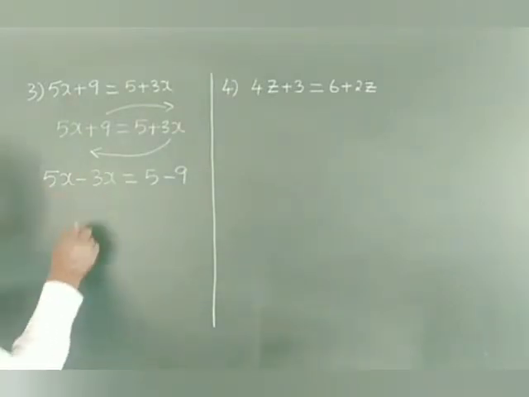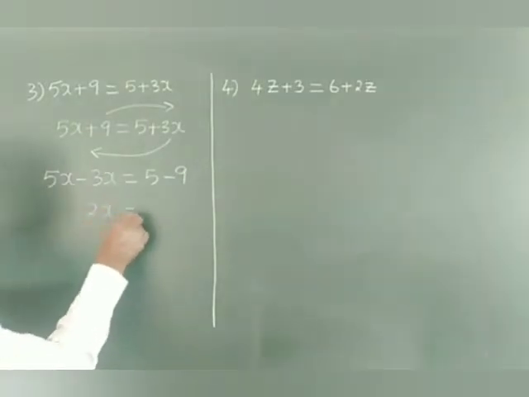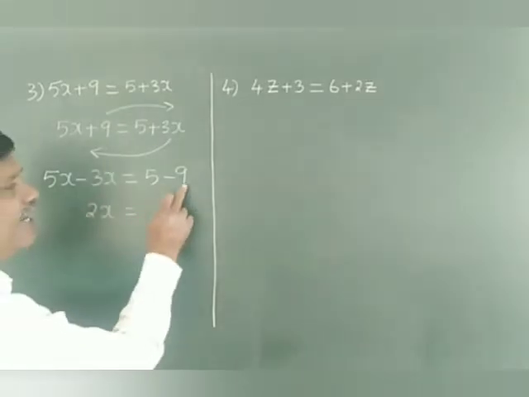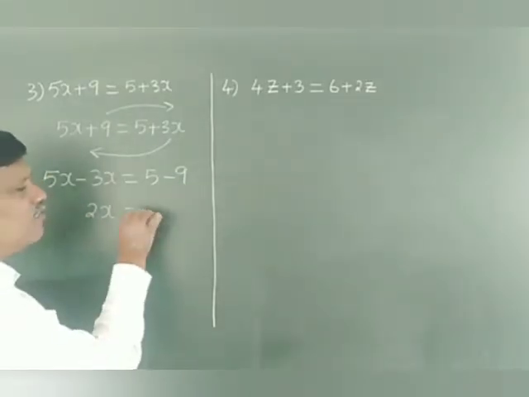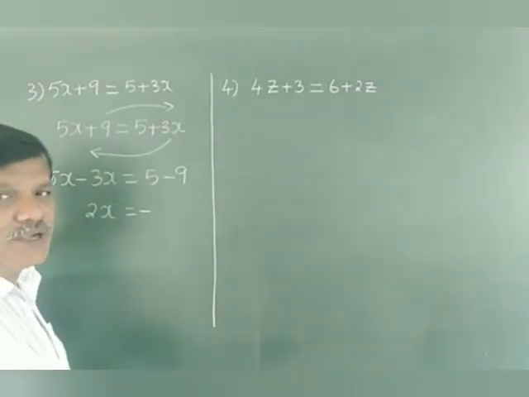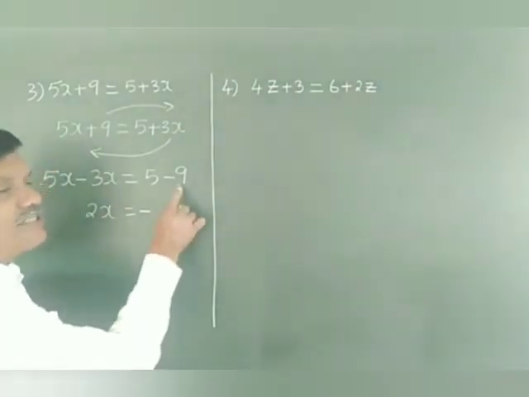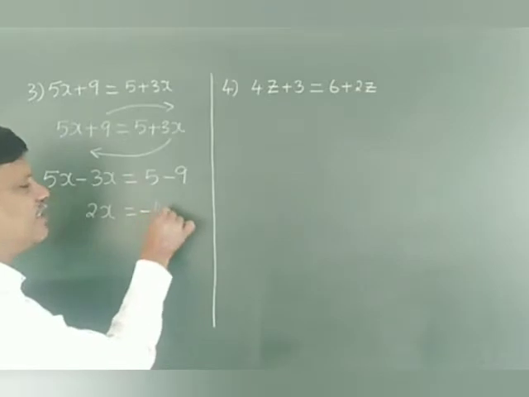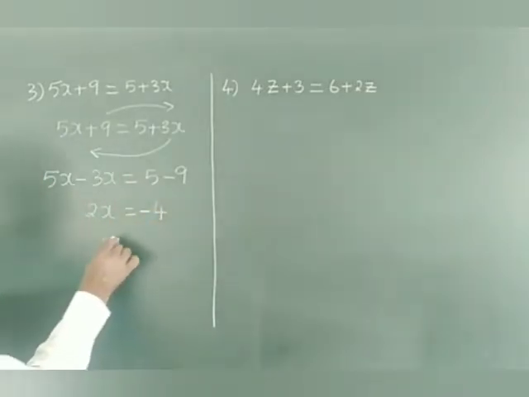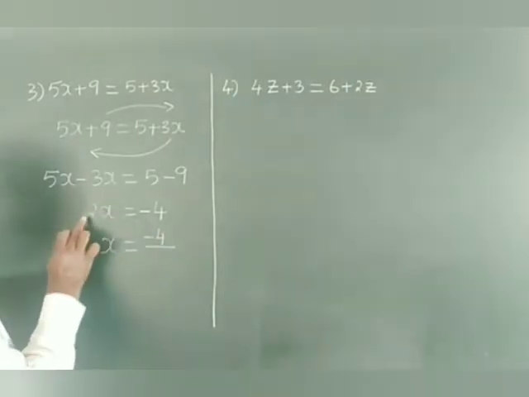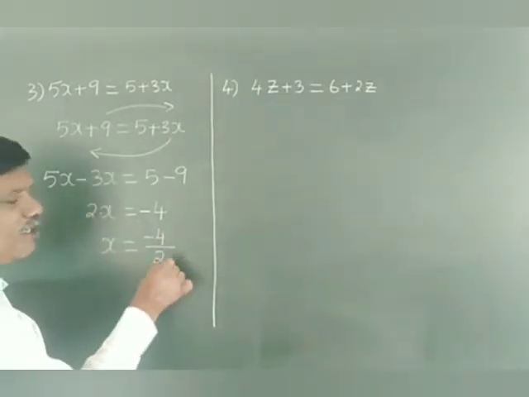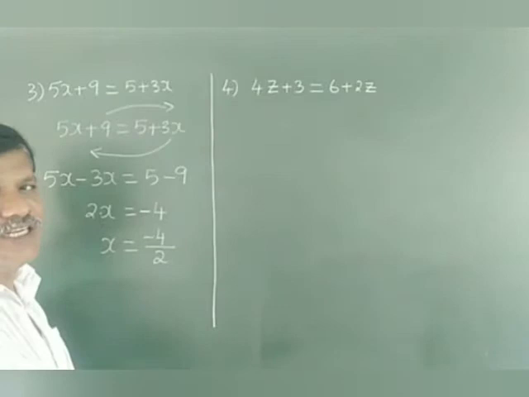Now 5x minus 3x is equal to 2x. And 5 minus 9: see, the bigger number is subtracted from the smaller number. Therefore, the answer will be minus, and then we have to subtract 9 minus 5, which is 4. Now 2x equals minus 4. 2 is in multiplication, so when it is taken to RHS, it comes in division.